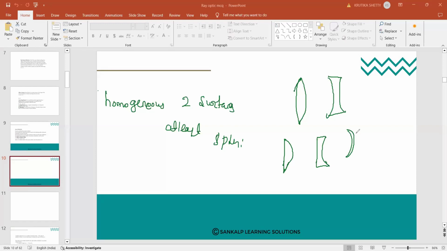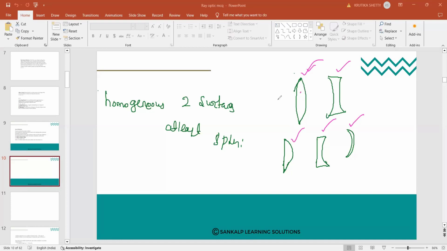This one is concave, one is convex surface. Here we can see different types of lenses. In the first figure, this is two bounded surfaces. This is again two curved surfaces, one curved surface, one plane surface. One is concave, one is convex.